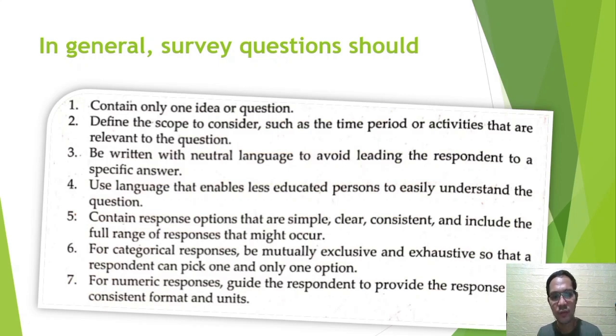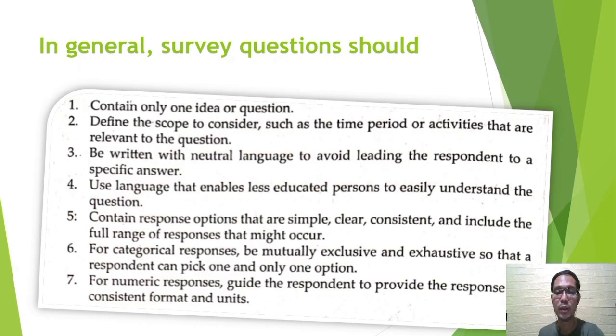So fifth, it should contain response options that are simple, clear, consistent, and include the full range of responses that might occur. Six, for categorical responses, be mutually exclusive and exhaustive so that respondent can pick one and only one option. Seven, for numeric responses, guide the respondent to provide the response in a consistent format and units.